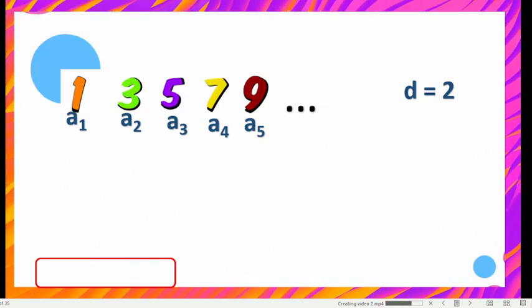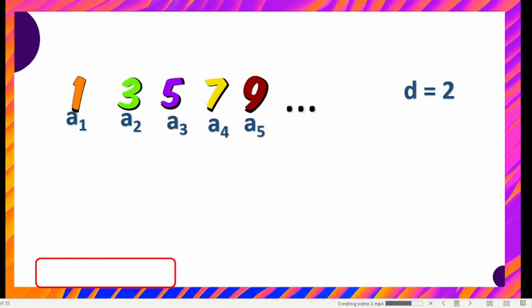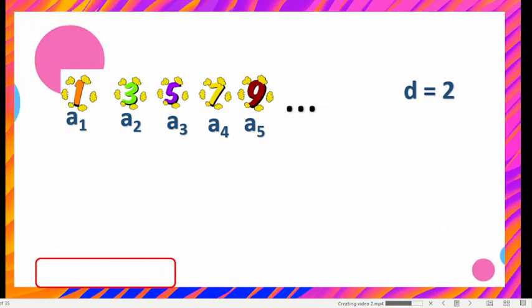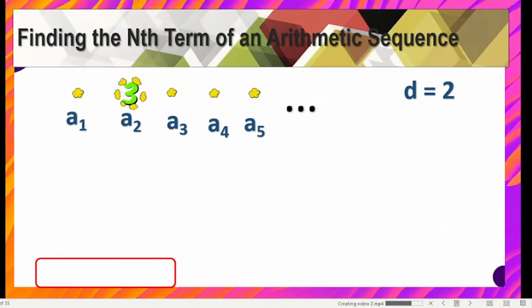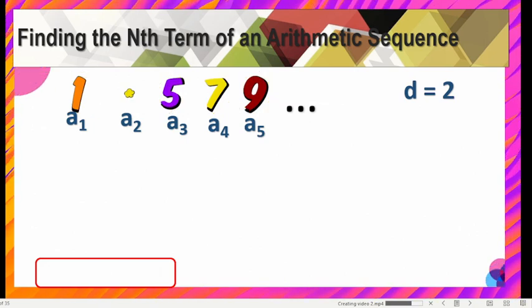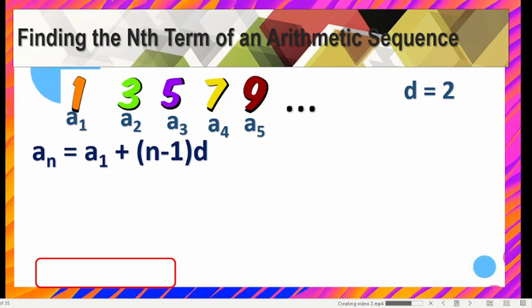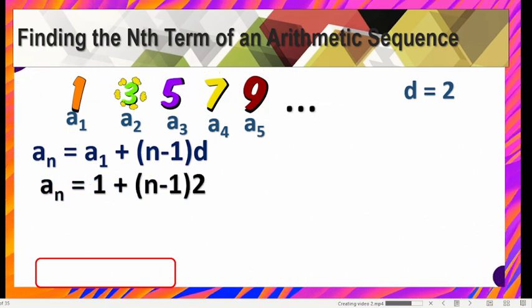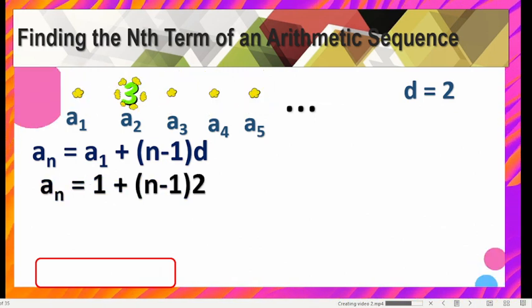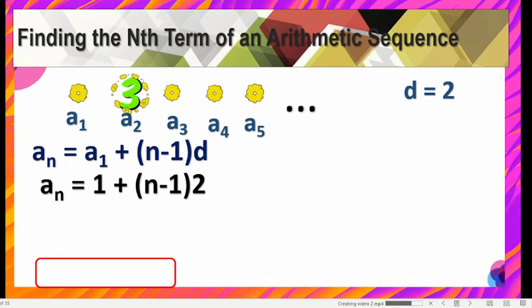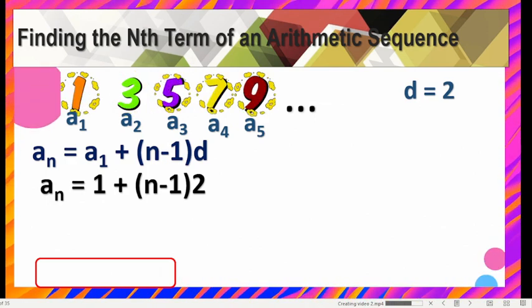Okay, this time we're going to find the nth term of a particular arithmetic sequence. So we have again 1, 3, 5, 7, 9, wherein the common difference is d. Using the rule of an arithmetic sequence, just replace a sub 1 by 1 and the common difference by 2.